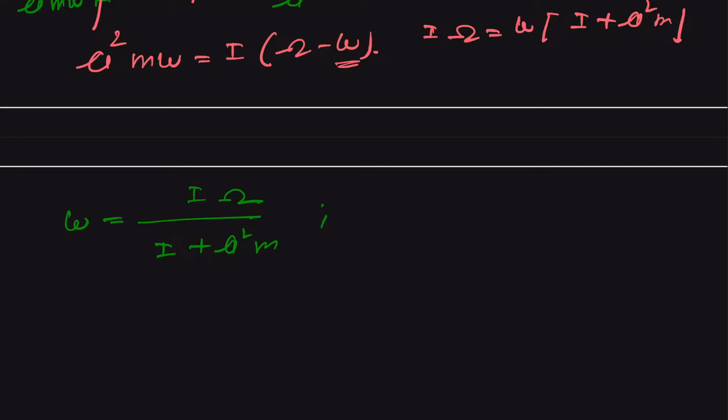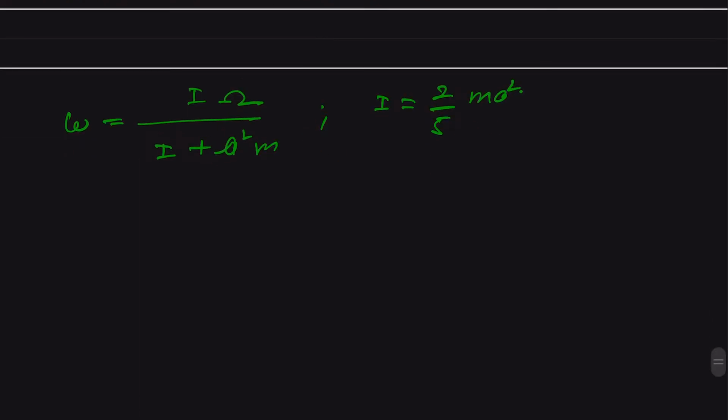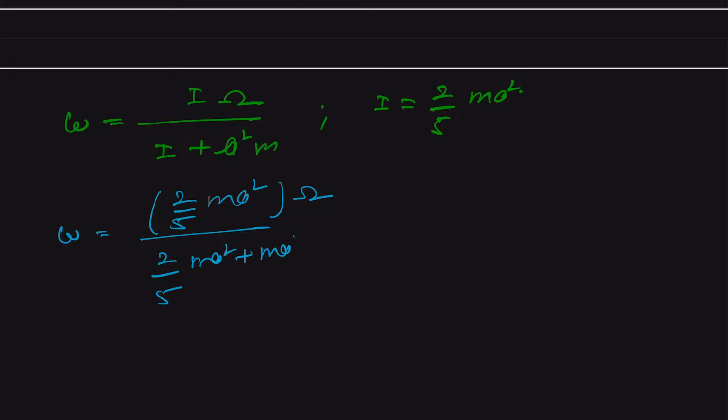And for a solid sphere, a uniform solid sphere, the value of I is 2 by 5 m a square. Okay, so we substitute it, we get omega is equal to 2 by 5 m a square times omega, over 2 by 5 m a square plus m a square, and 5 and 5 cancel out, this comes as 7.